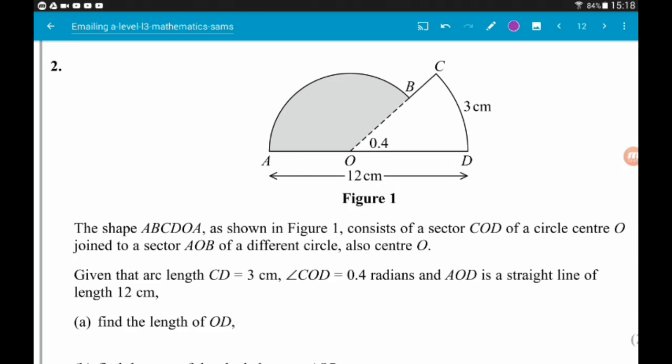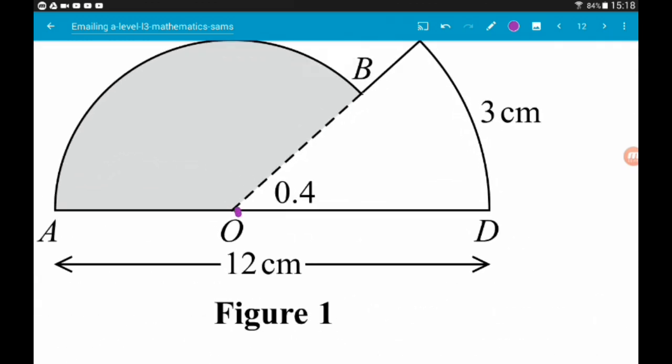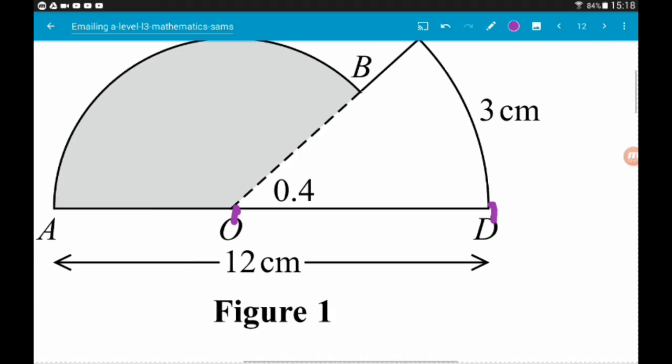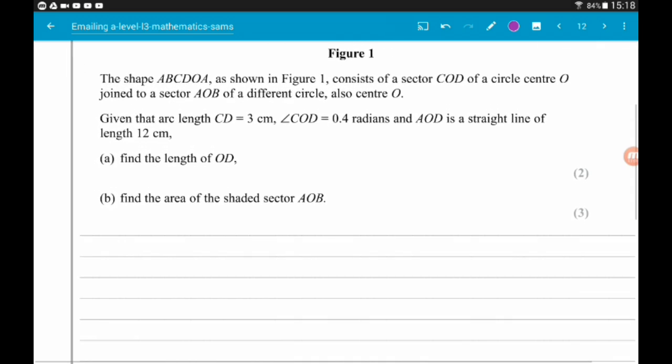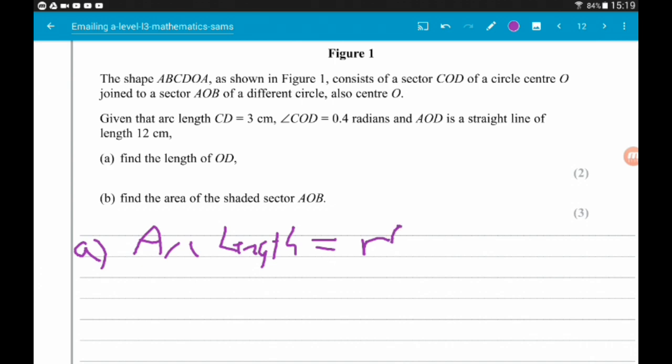Part A wants us to work out the length OD. That's the radius of the white sector. What we need to remember is that the arc length of a sector is the radius times the angle of the sector, r theta.